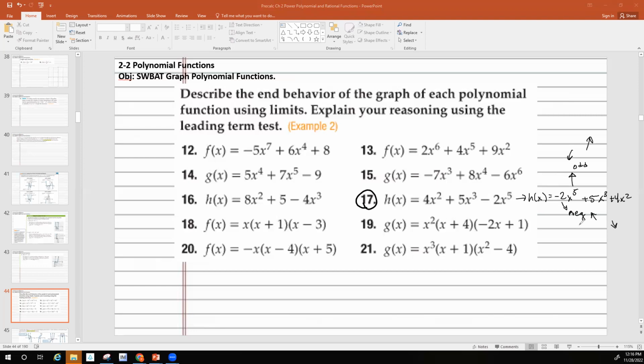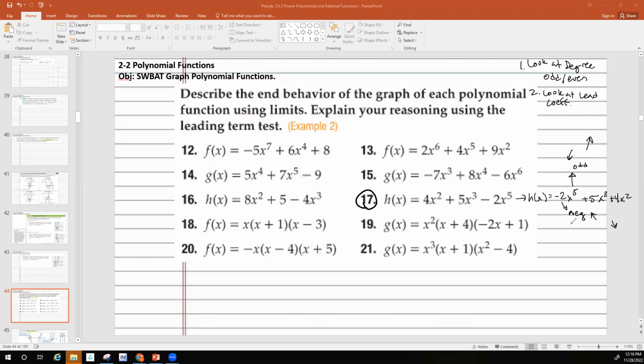So here, you look at the degree first, odd or even, and look at the lead coefficient. It's odd, so one is down and one is up, and it's negative, so it's switched.